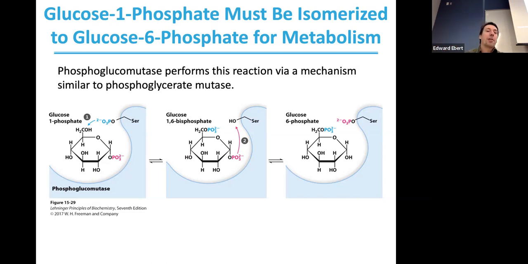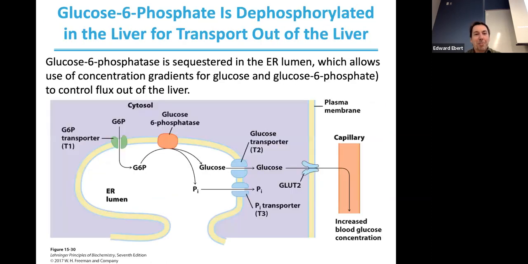We transfer that phosphate group to carbon number 1 of the glucose 6-phosphate. Then we refresh the enzyme by transferring the phosphate from carbon 6 back to that serine.